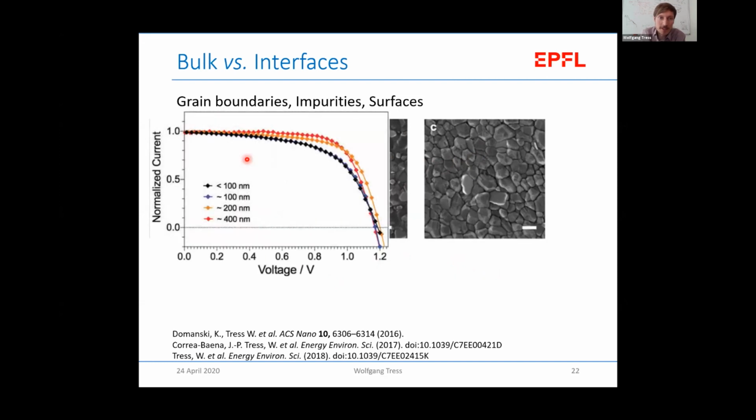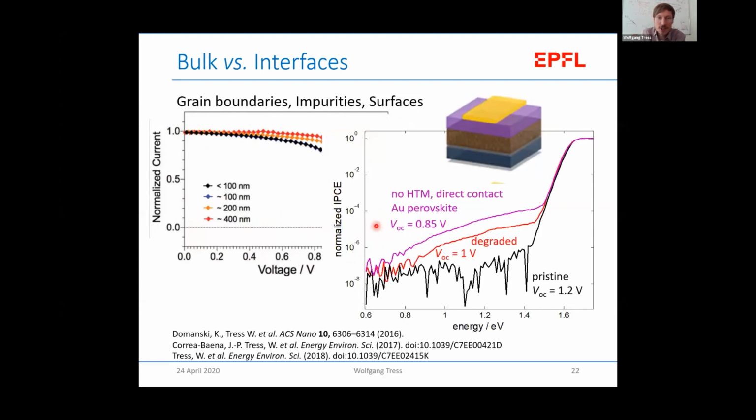And what we can see when we plot versus grain size, roughly estimated from below 100 to a couple of 100 nanometers, is that we could not see much. This is the normalized current voltage curve, but when you look at the regime where recombination becomes important, when the current goes down and we approach the open circuit voltage, you can see there was in principle not much change. And also when we checked the electroluminescence, there was not much.